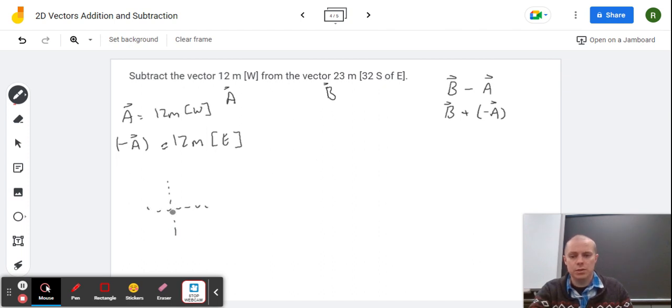I'm south of east, so I start east and I'm going a little bit south. So 32 degrees south of east for 23 meters. That's my first vector. And then my second vector is just a straight shot east 12 meters.